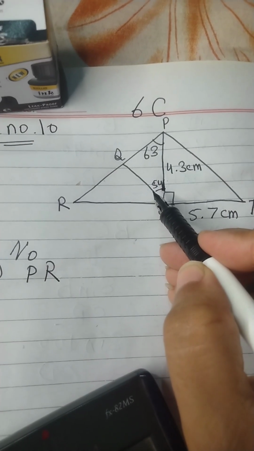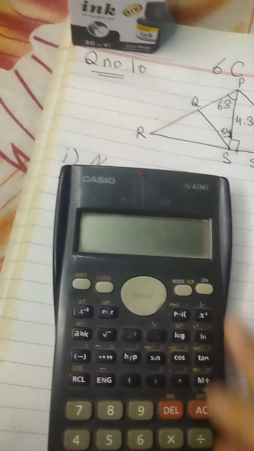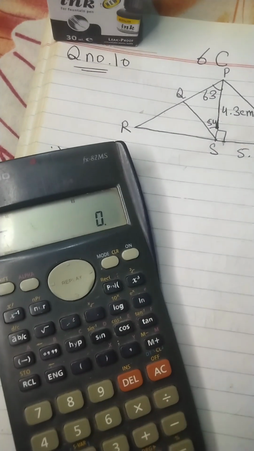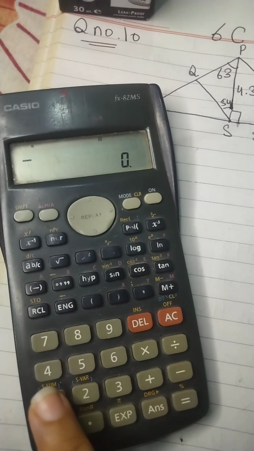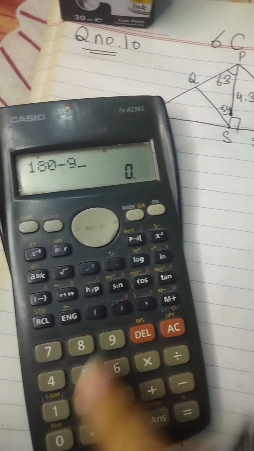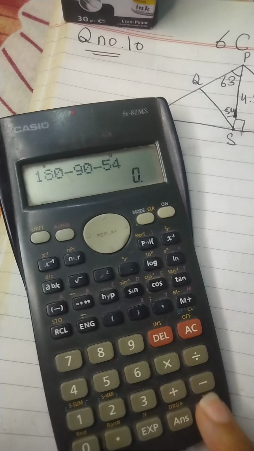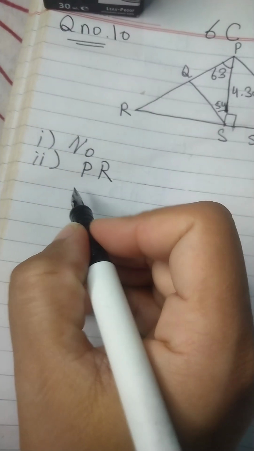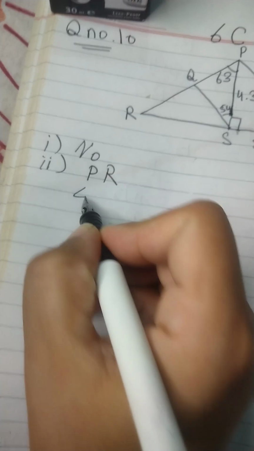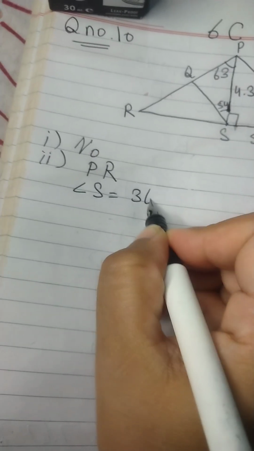We easily can find out angle S. So let's start with the help of 180 degrees. 180 minus 90 minus 54 is equal to 36 degrees. So angle S is equal to 36 degrees.